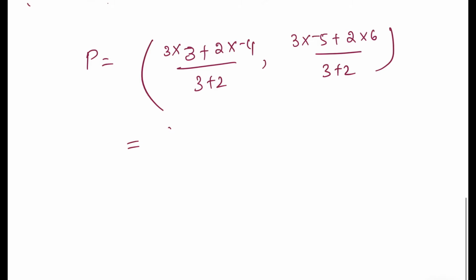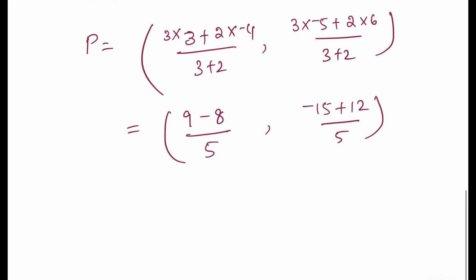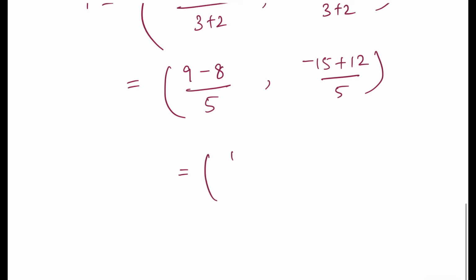So that is equal to 9 minus 8 by 5, and here you have 3 into minus 5 is minus 15 plus 12 by 5. So you get 1 by 5 and minus 3 by 5 as your answer. Hope it's clear.